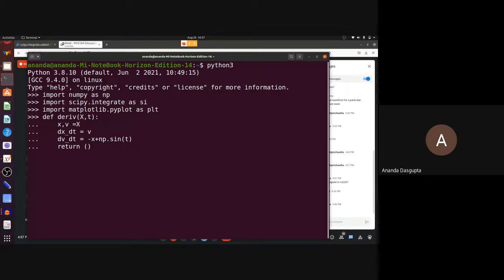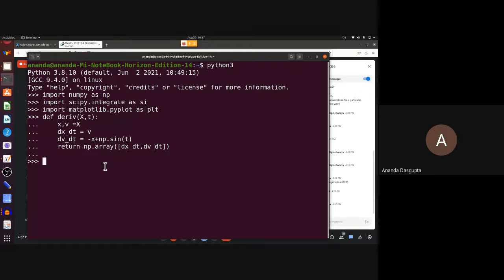Remember, x and v were in that order in your capital X. So the output should be in this order. I need to pack them in a numpy array and return this. Done. So your function deriv is done.